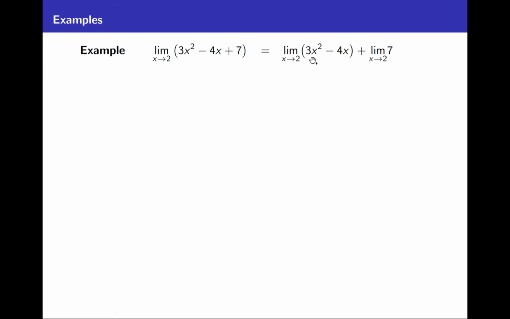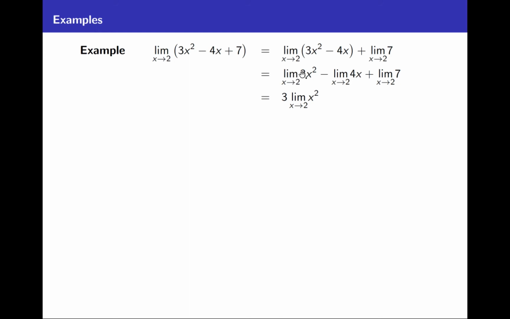This is like the limit as x approaches c of f of x minus g of x. And on the previous page, we had a limit law for that. That's the limit as x approaches 2 of the first function minus the limit as x approaches 2 of the second function. And we'll bring down the limit as x approaches 2 of 7 here. So we have 3 separate limits.